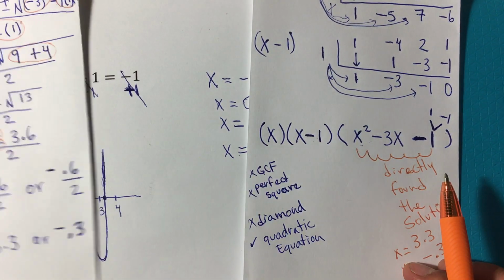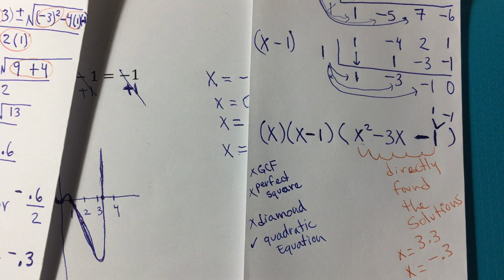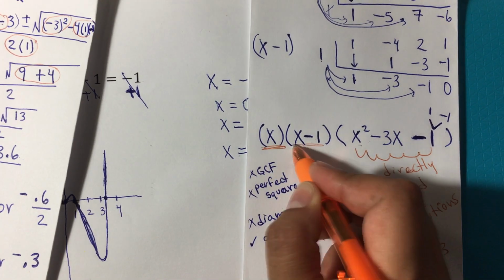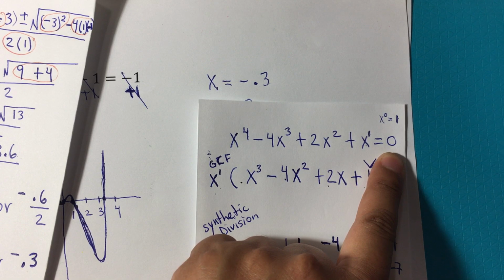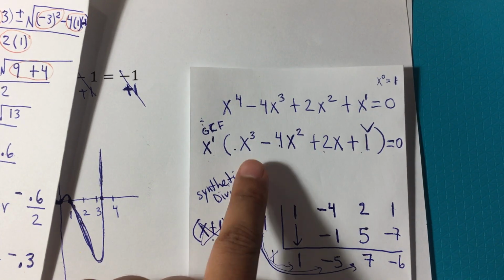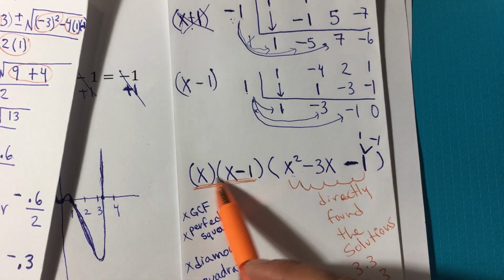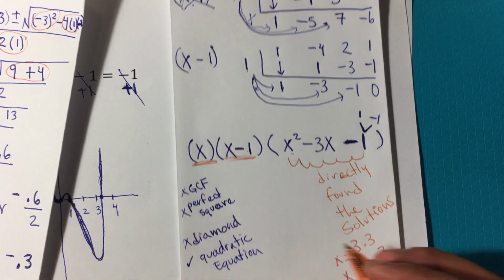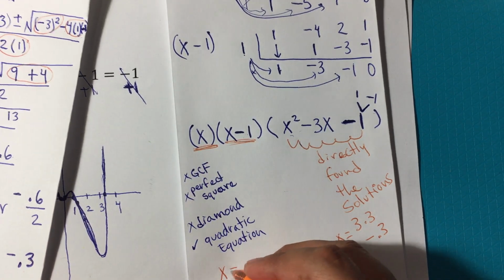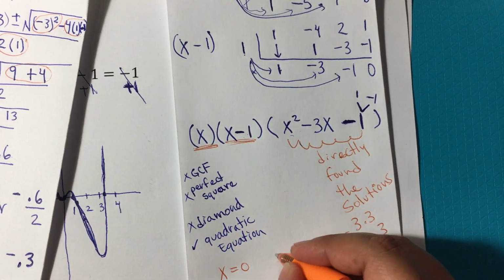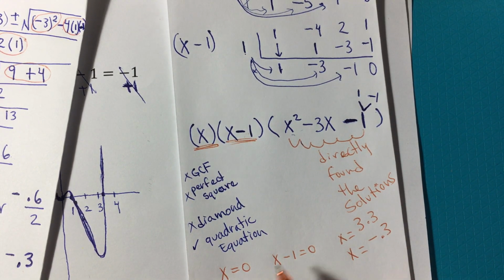For these other factors, we are not going to find it directly. You have to solve for each factor, okay? Because if at the beginning we're equaling it to 0, that means that one of the factors has to be 0. When we're multiplying, one of the factors has to be 0. So we get each one: x equals 0, x minus 1 equals 0, and we start solving.